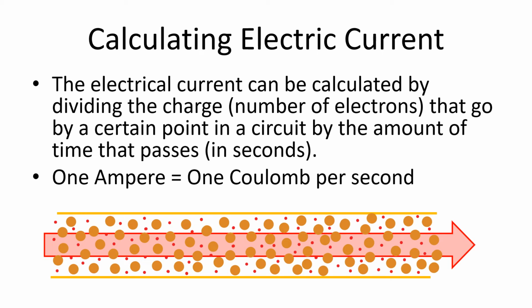So when we're calculating this from measurements, one good thing to remember is that since we're talking about the amount of electrons going by a given point per second, you can imagine microscopically that these little red dots are electrons. And you can imagine that the larger ones here are the atoms of, say, copper that make up a wire.